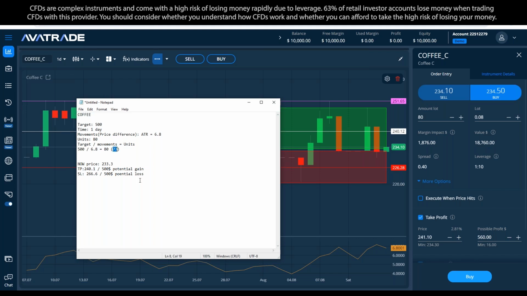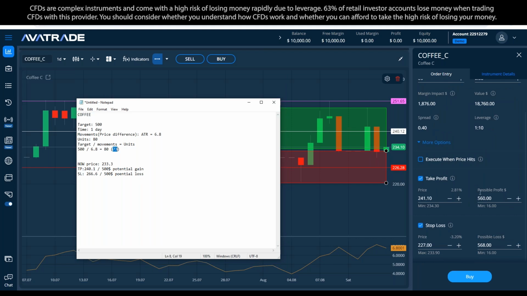When we understood that 73 is not enough, we adjusted it to 80 to increase the units, and with this increase our potential profit and, unfortunately, the potential loss as well. And now we are at a point where our potential gain and potential loss are the same.